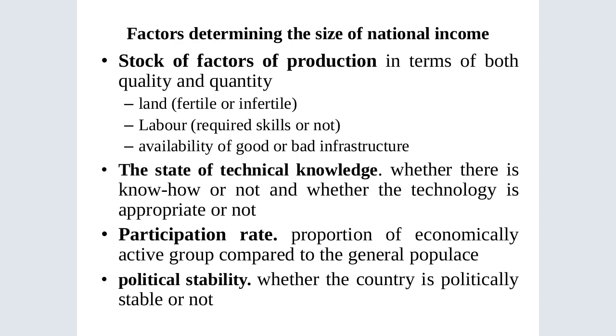Those countries that are characterized with better technology tend to have a high level of national income, because technology plays a very big role in production and of course in providing services, which contributes to a higher level of national income.